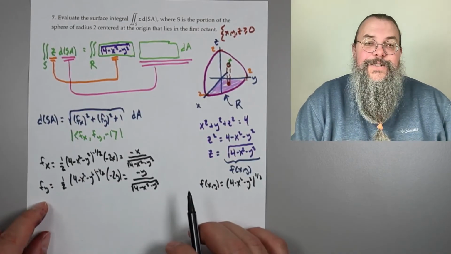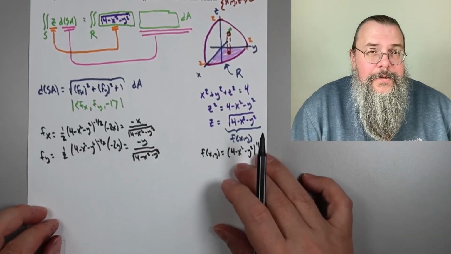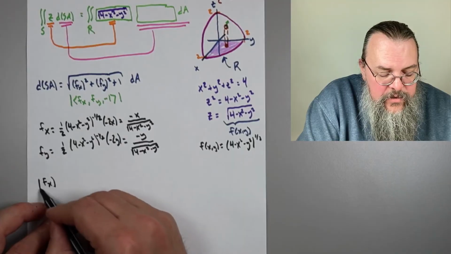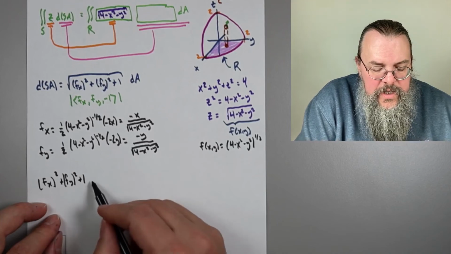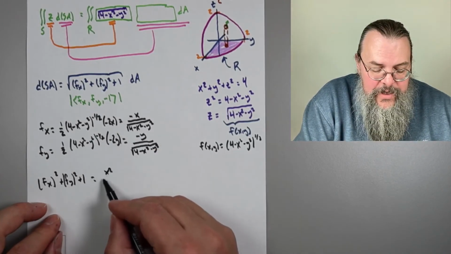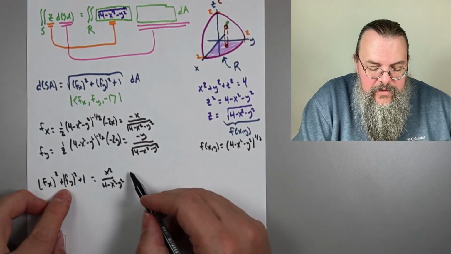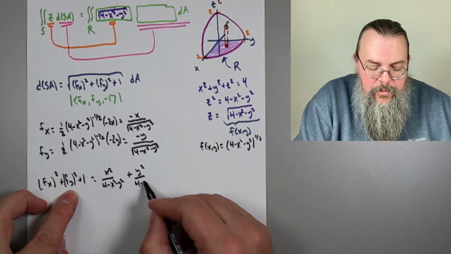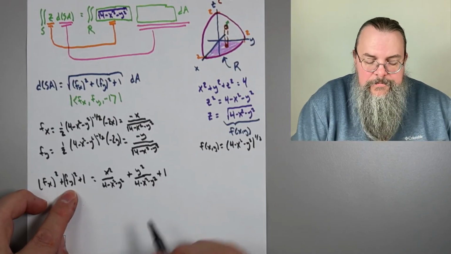All right, so here we go. Let's see if we can move this up and be okay. So f sub x quantity squared plus f sub y quantity squared plus 1 is, squaring this part, x squared over 4 minus x squared minus y squared, plus y squared over 4 minus x squared minus y squared, plus 1.